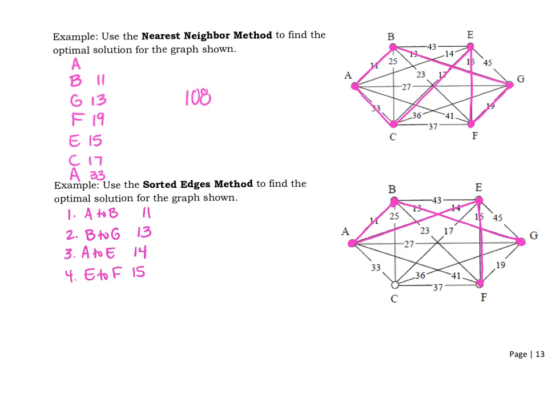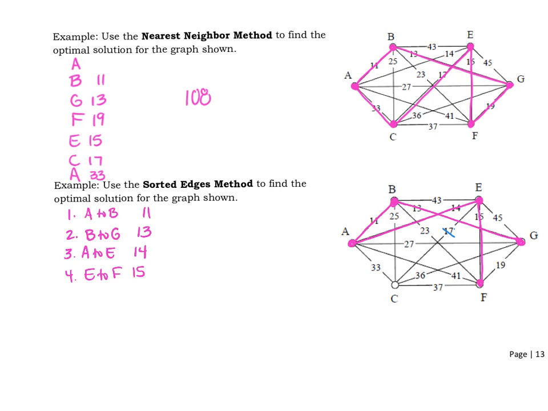Then the next cheapest edge is that 17. However, notice if we use that edge of 17, it makes vertex E have degree 3, and we cannot do that. So we're not going to include the 17.